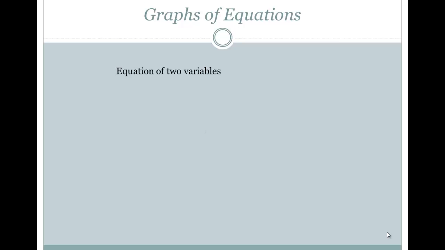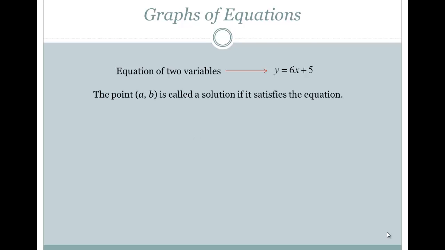An equation of two variables would be something like y equals 6x plus 5, which we know is an equation of a straight line. The two variables here are obviously y and x. We talk about the solutions to an equation. A point (a, b) is a solution if I plug that point into the equation and the equation is true.